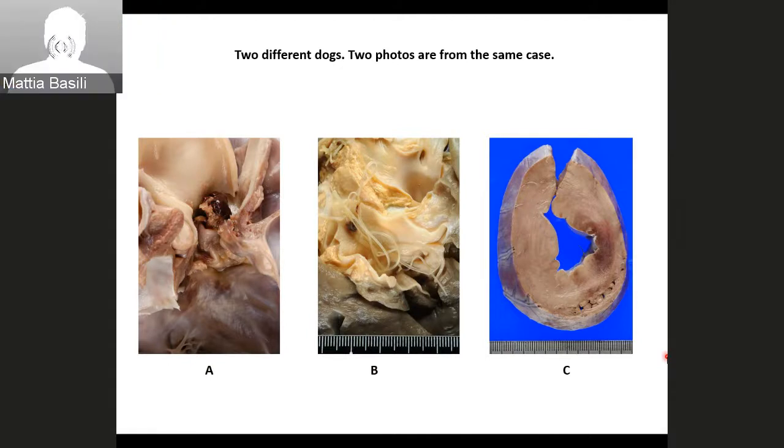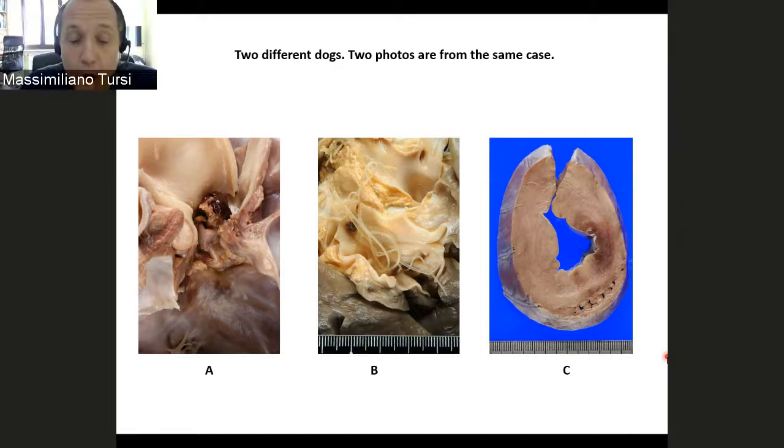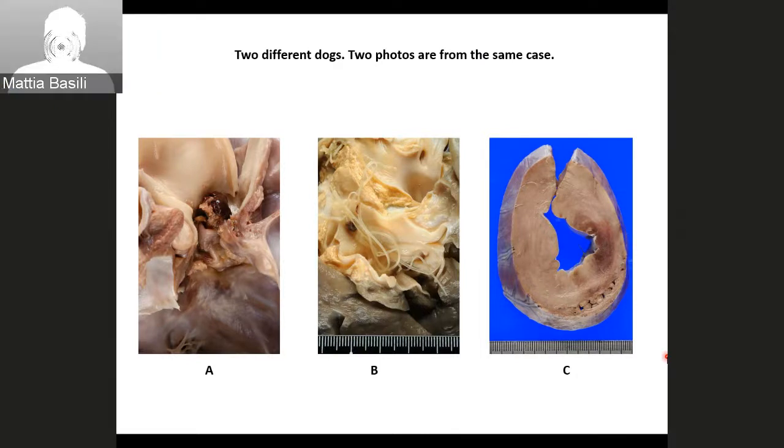And now find the link. So the link between A and B? No, between A or B or C. Okay. So, I mean, if I force my imagination, I could probably find a link between all of them.